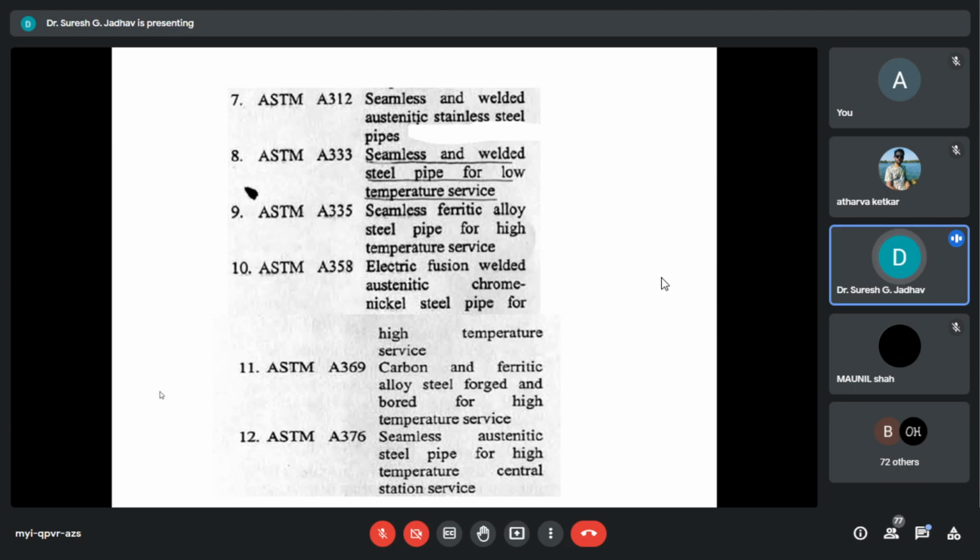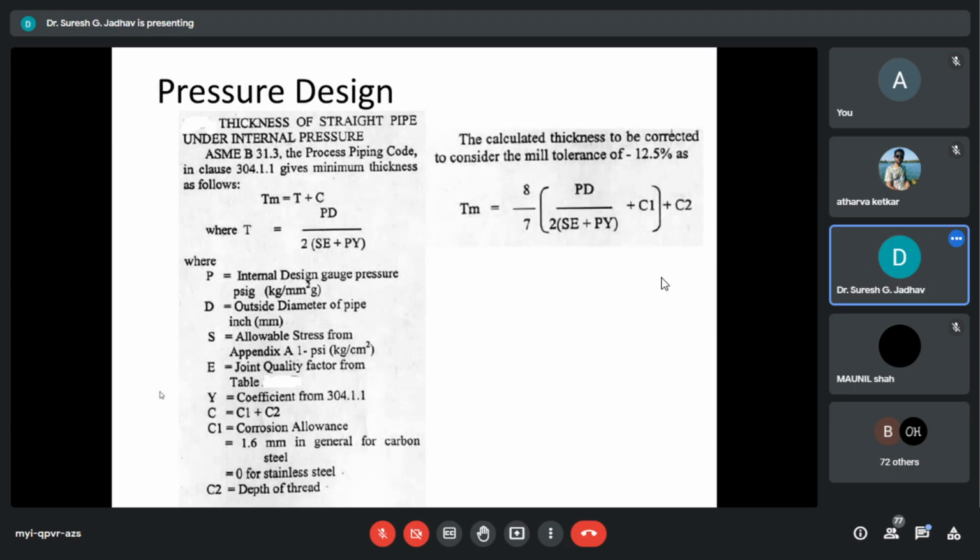Those kinds of standards are used in chemical industries, and we select the appropriate materials for the pipes and then design for internal pressures. With the help of this relation, we can find the different values of minimum thickness.